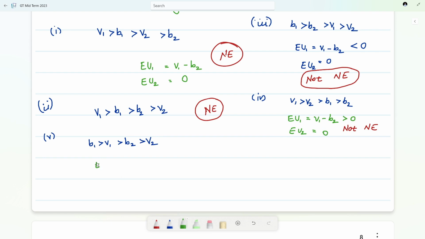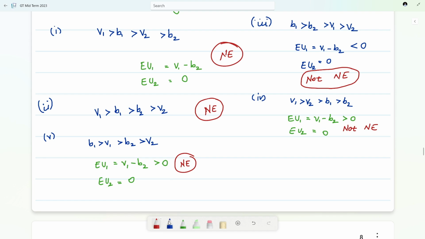Expected utility for player 1 will be V1 minus B2, and it will be greater than 0, right? Expected utility for player 2 will be 0. Is there any way by which player 2 can increase his payoff? The answer is no. If he tries to bid higher than B1, then he will be in loss. Hence, yes, it is a Nash equilibrium.